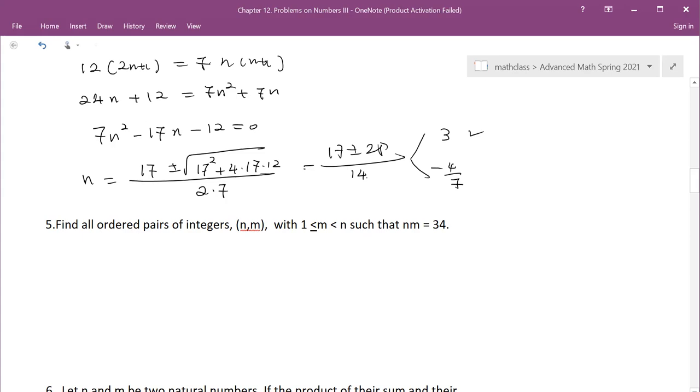So 34 should be written as a product of two integers. The first possible product is 34 times 1.